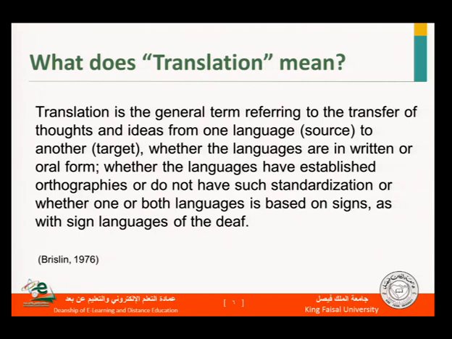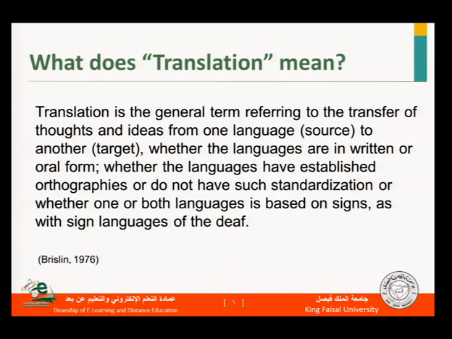So we call that consecutive translation. Somebody picks your 4 or 5 sentences, then says that orally to the audience who are waiting to see what that man is talking about. So this is what's called oral translation.